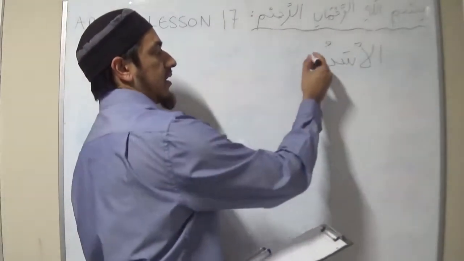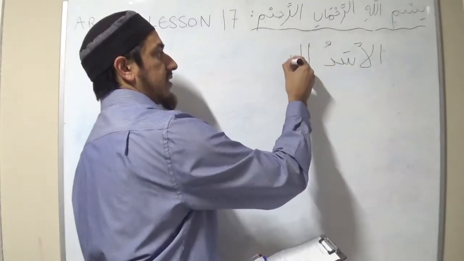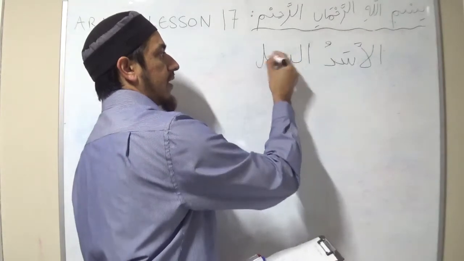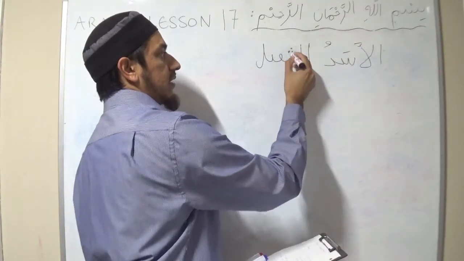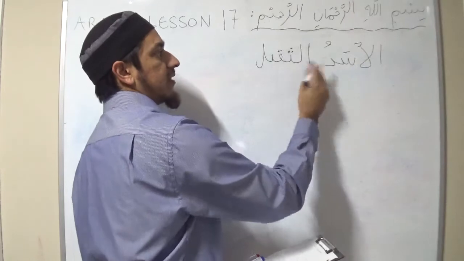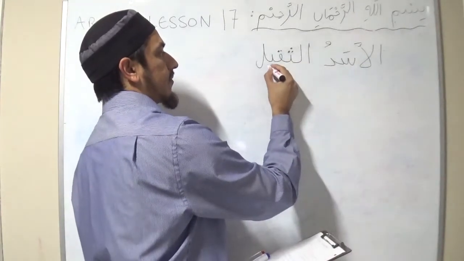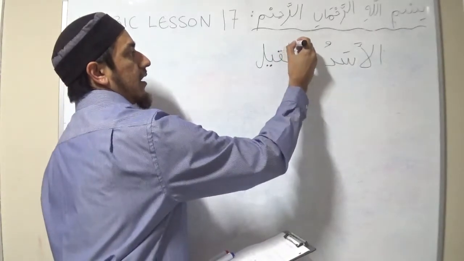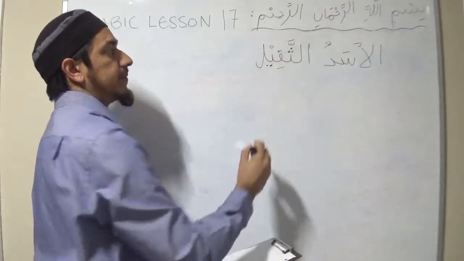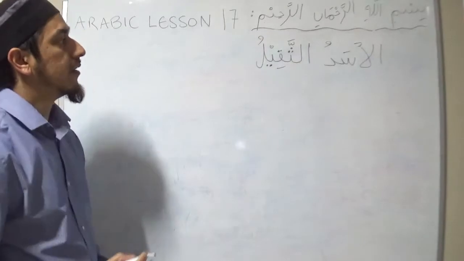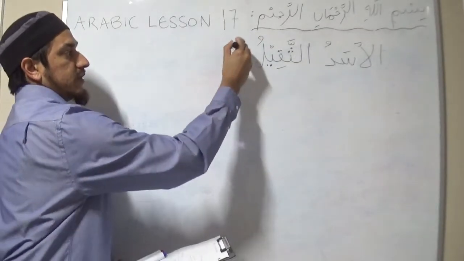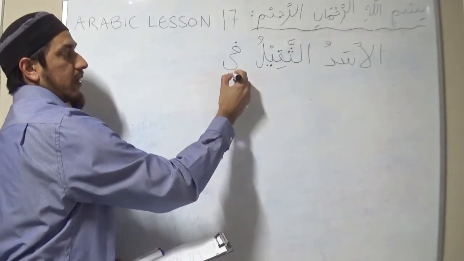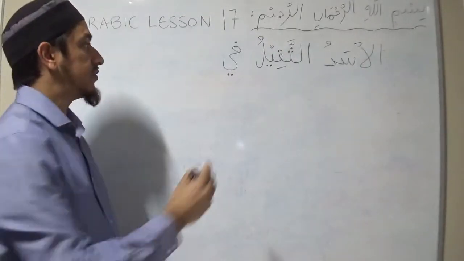So now we're using an adjective, al-thaqil. And thaqil is heavy. The heavy lion. Al-Asad, al-thaqil. So this was a preposition, so we've used this before.